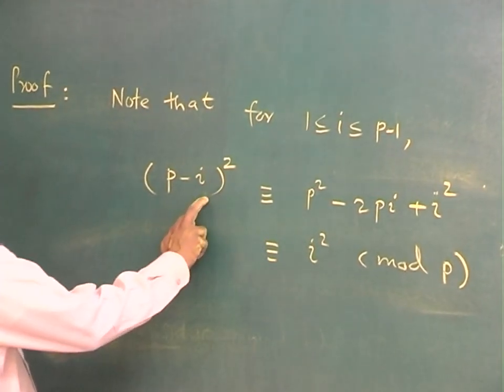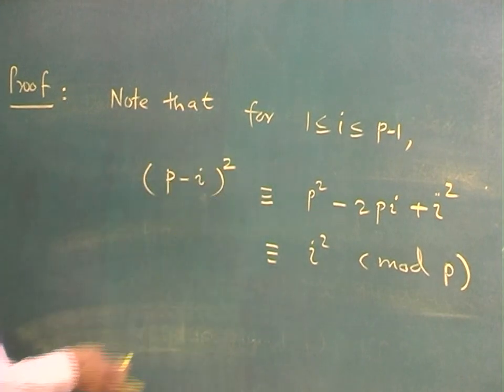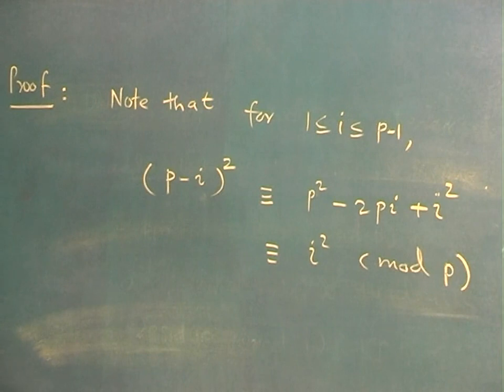That means 1 and p minus 1, their squares are same. 2 and p minus 2, their squares are same. From this way and this way, you get same squares. So, at most p minus 1 by 2 squares are there, not more than that.